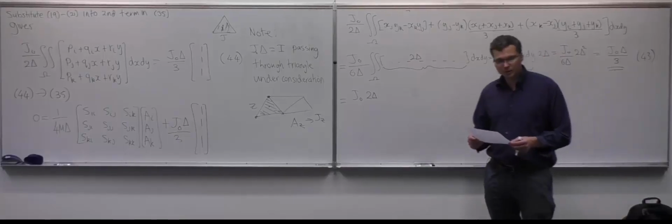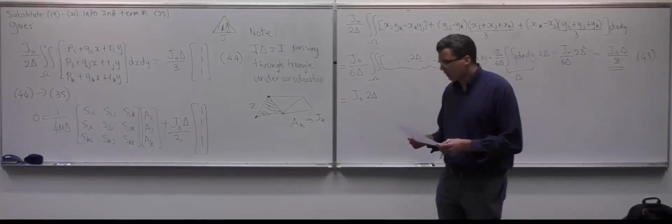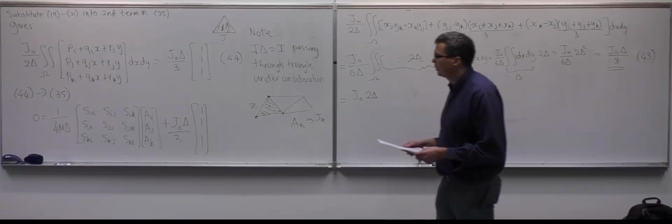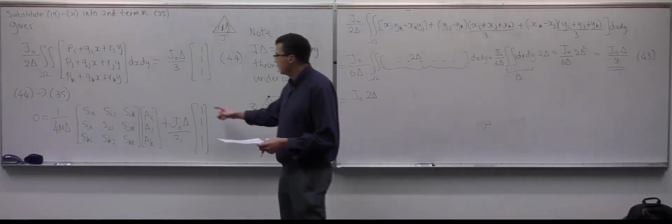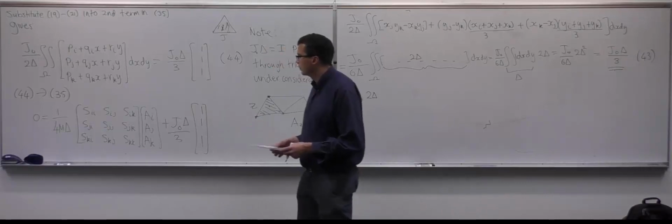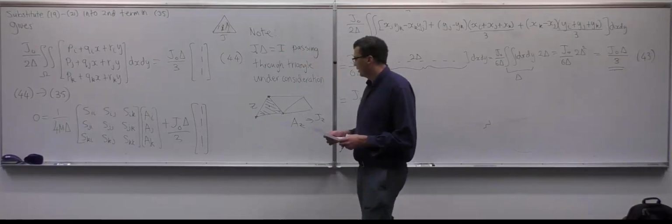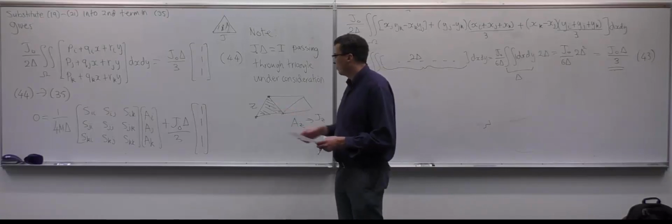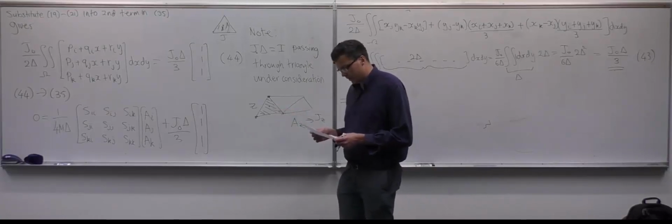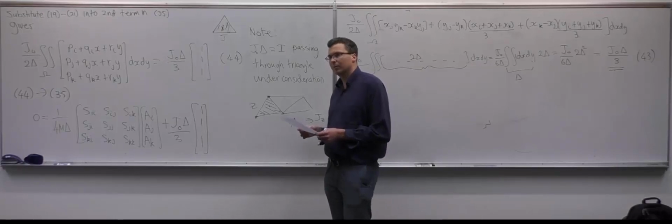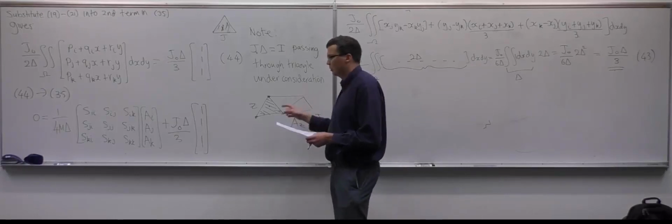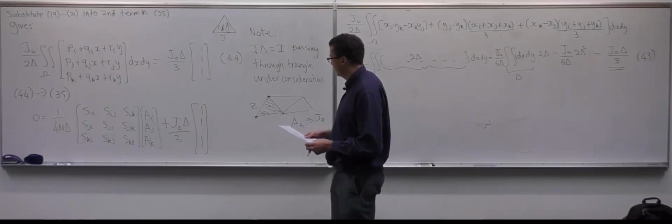Okay, so now we've actually written out the matrix equations for solving the field within one triangle. And so now we're going to talk about what happens if we have more than one triangle, because that's going to be more interesting.